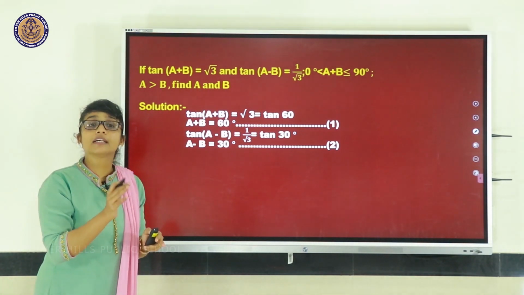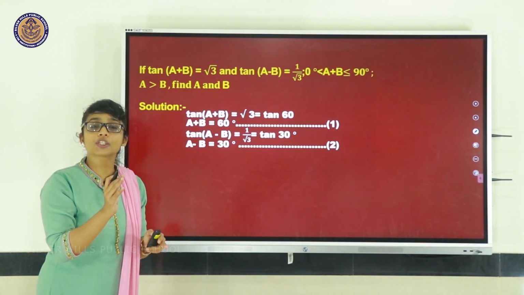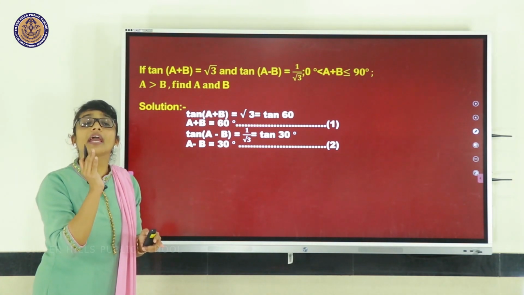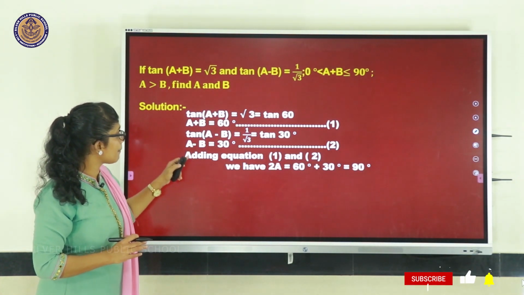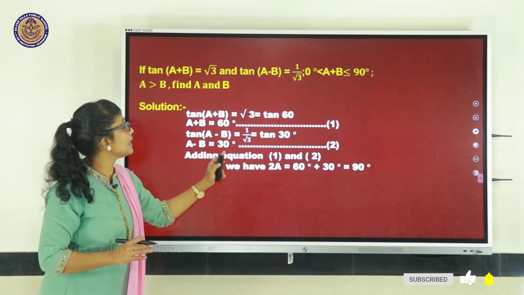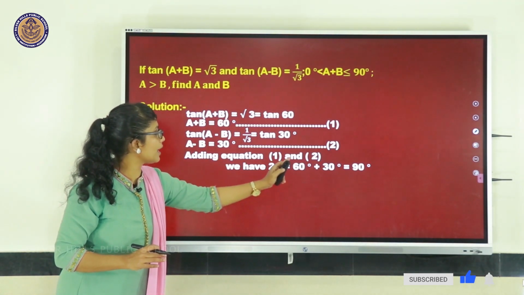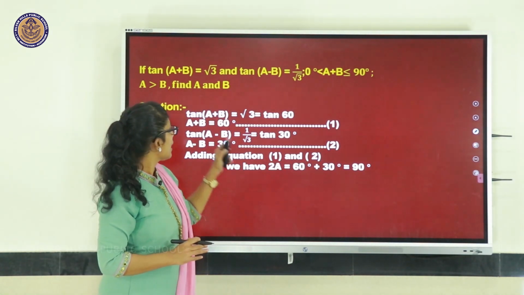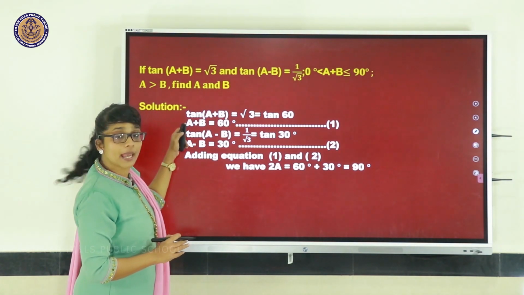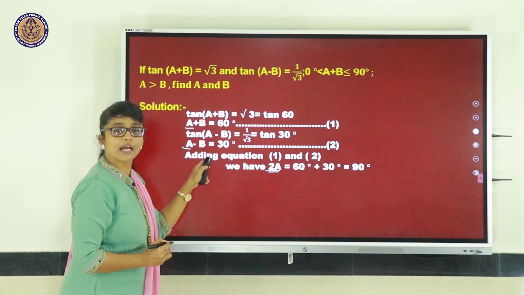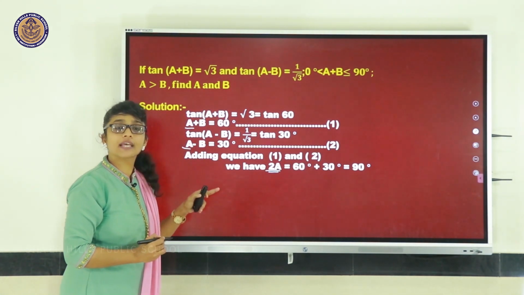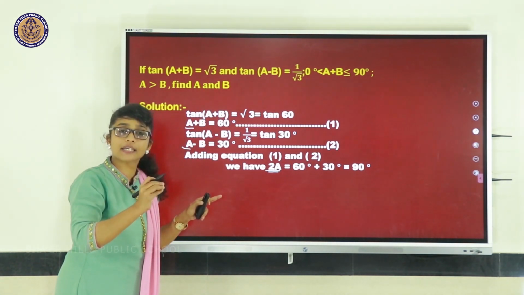Here we have to find the value of a and b. And we studied the chapter linear equation, how to solve for a and b. So, a plus b is equal to 60, a minus b is equal to 30. Then adding equation 1 and 2, we have a plus a, 2a, and plus b and minus b. One is positive and another one is negative.